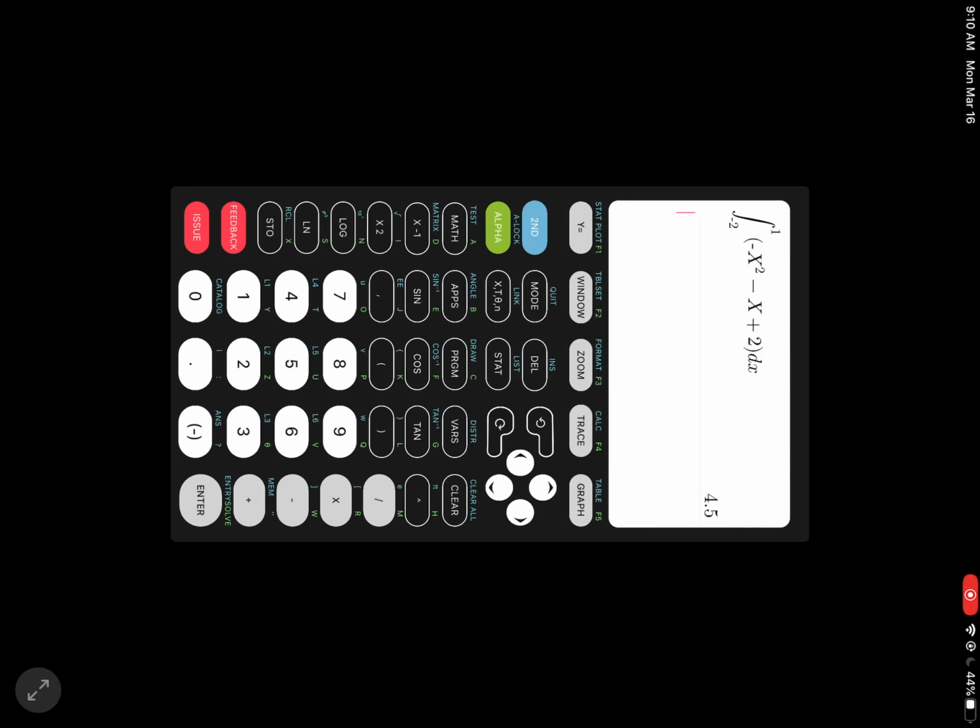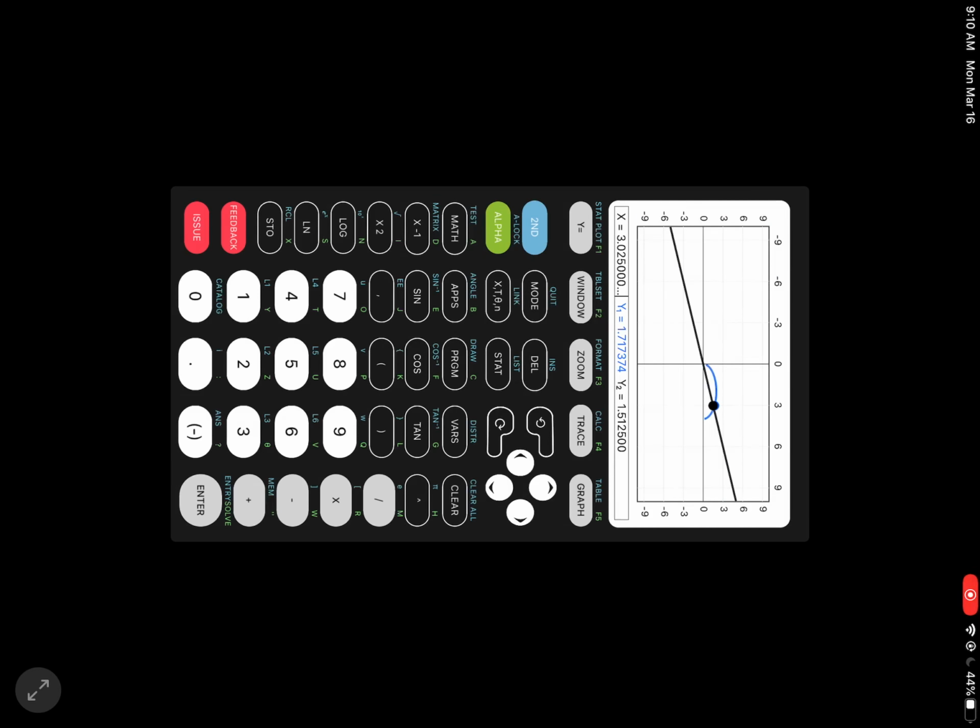So on my calculator, I'm going to go to the graphing option. I have both of them in there already. I'm going to hit graph, and it appears my first intersection point is 0, which makes sense because the square root of 0 equals 0, so x equals 0.